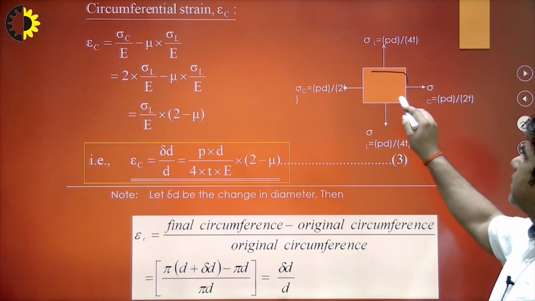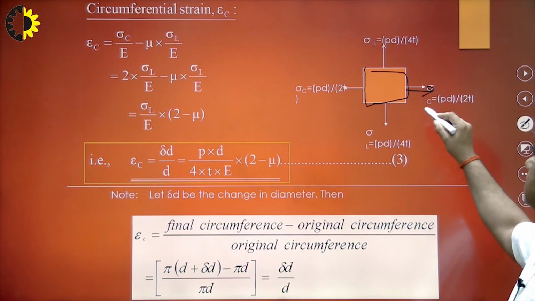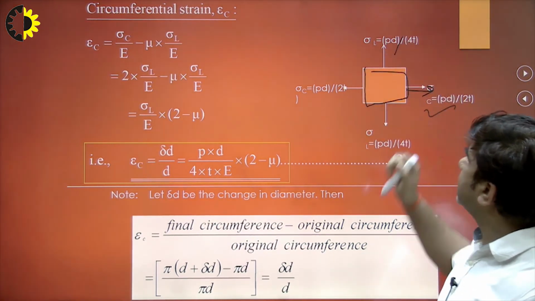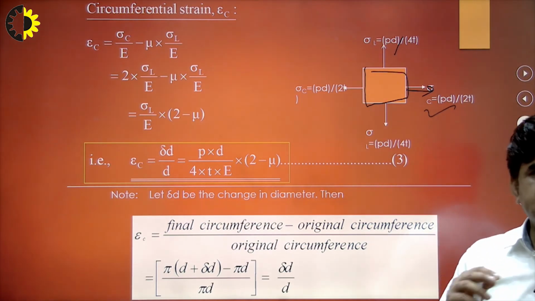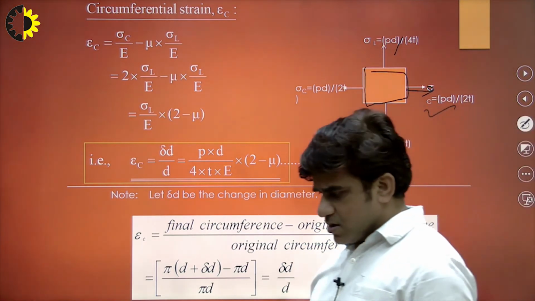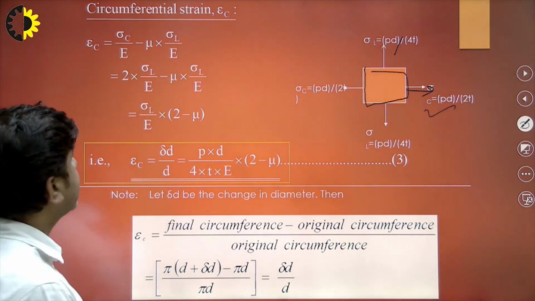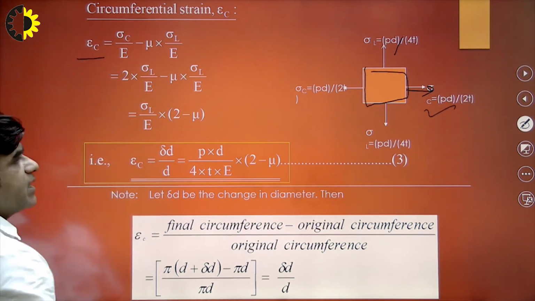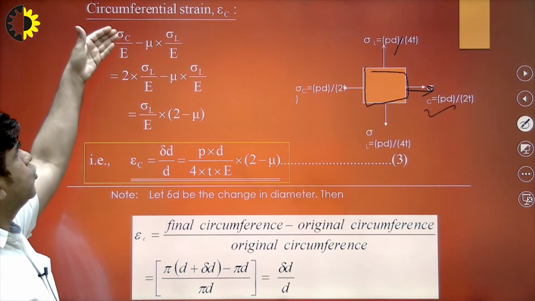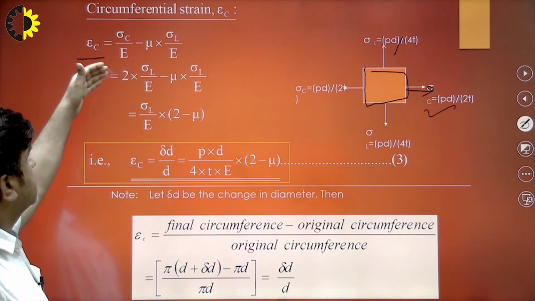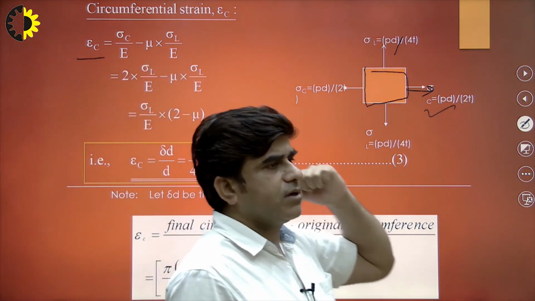Suppose this is an element on which two stresses, sigma c and sigma L, are acting, and these two stresses are mutually perpendicular. In the direction of hoop stress, the circumferential strain, I can say hoop strain, can be calculated as epsilon c, and this epsilon c is equal to hoop stress upon Young's modulus minus mu times longitudinal stress upon Young's modulus.